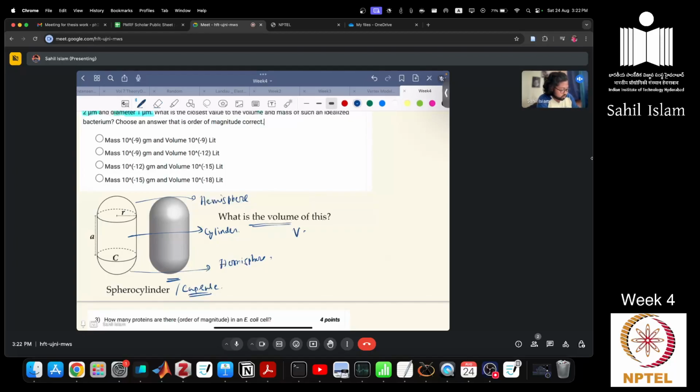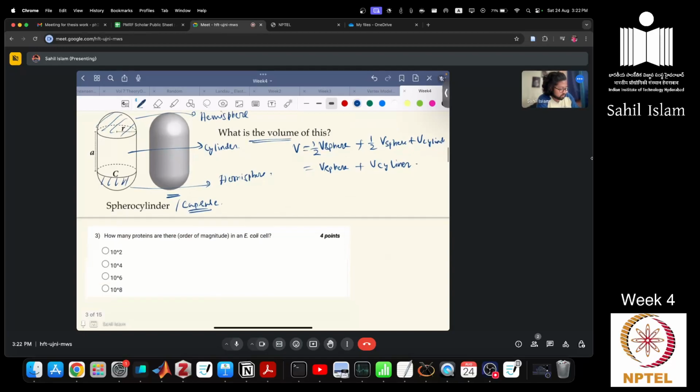So the volume will be volume of this half sphere plus half volume of another sphere, plus volume of the cylinder. So this makes volume of one sphere plus one cylinder.